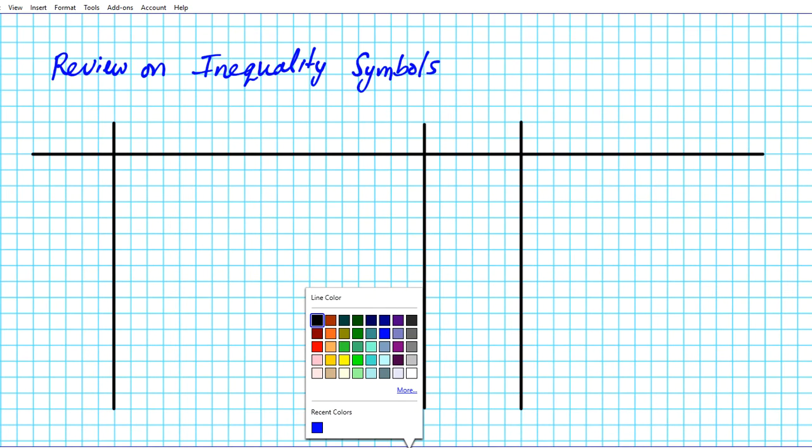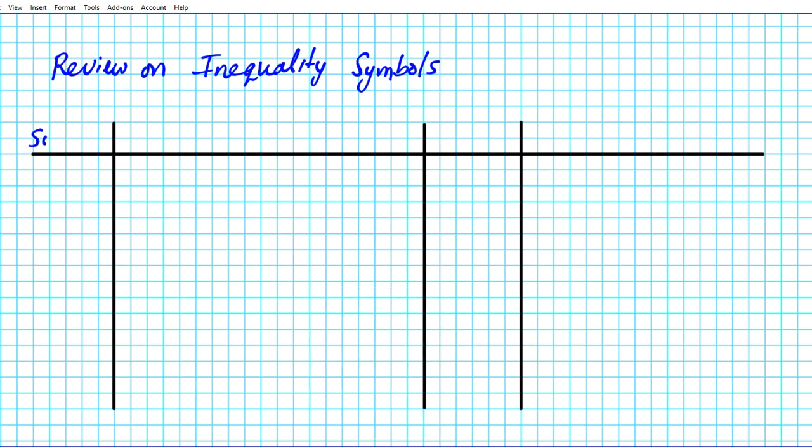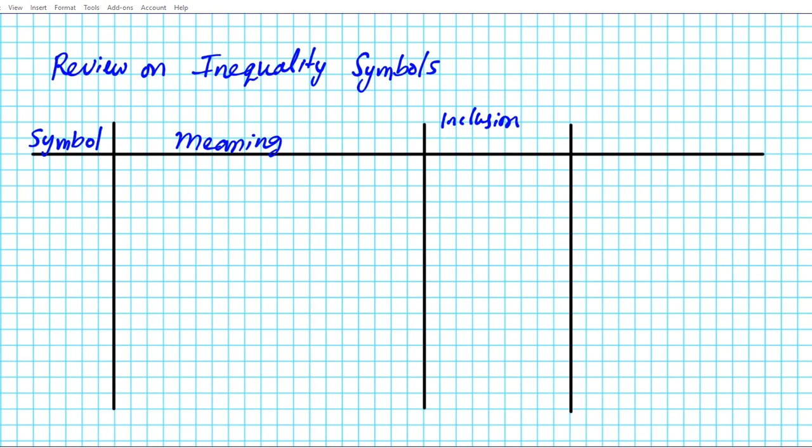Our first column we're going to call the symbol column, and then the meaning of the symbol, and then inclusion or exclusion, and then the last column will be our graph column. Okay? Alright, so the first inequality is less than.